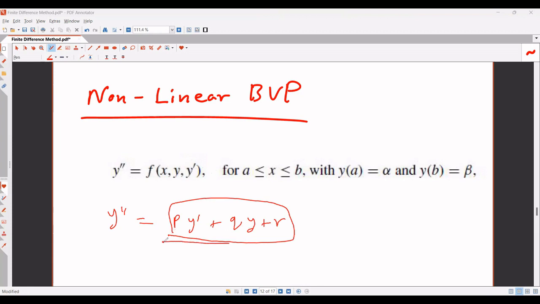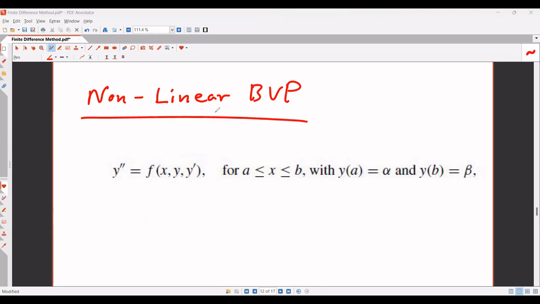Linear structure has this fixed general expression, but there is no such general expression for non-linear cases, right? There can be infinitely many forms. That is why all we can write is a general function f that may or may not contain all of x, y, y prime, right?